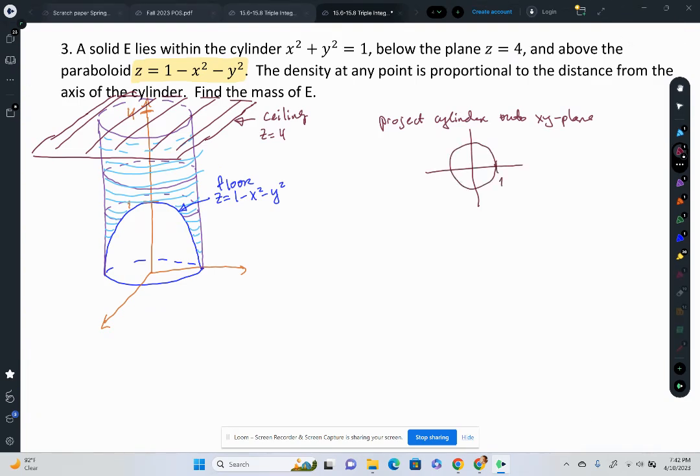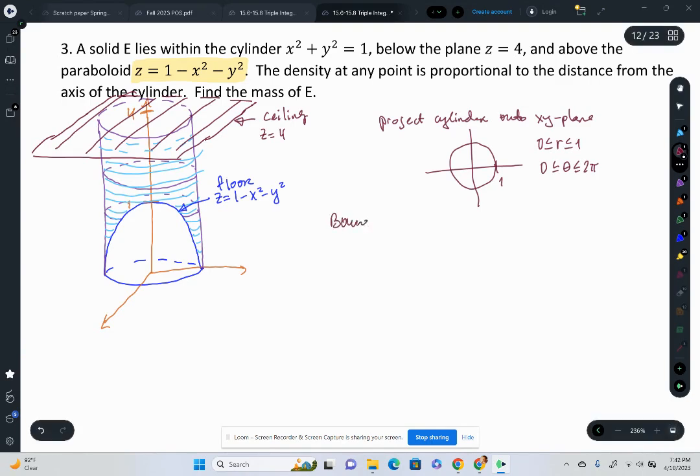All right, we've dealt with these already before. On a unit circle, we know that the radius is going from 0 to 1, and theta is going from 0 to 2 pi. That's not changing in this problem. Only thing changing is the floor and the ceiling. So that's going to take care of my bounds.